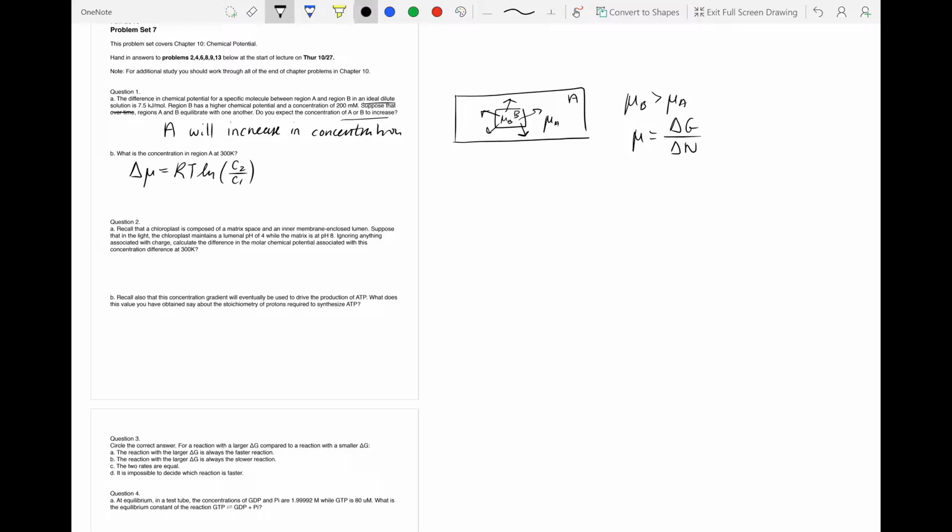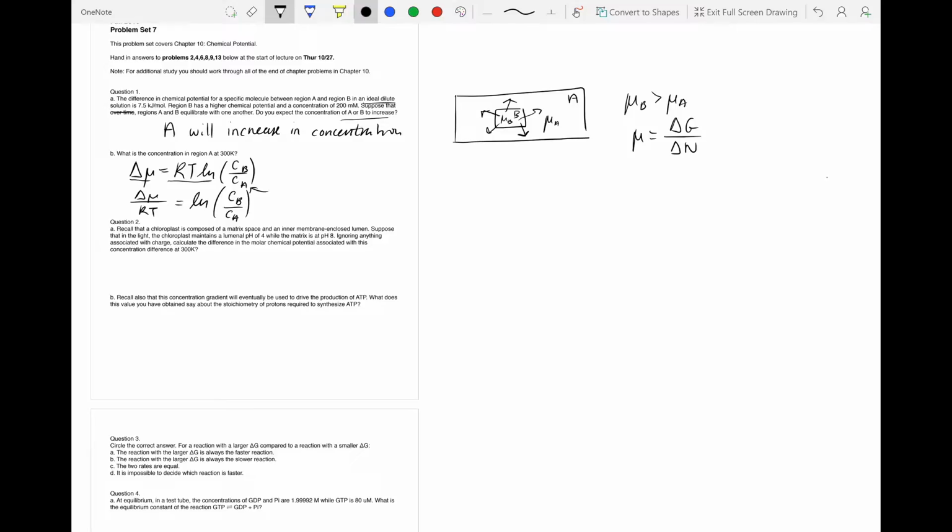Now we are going to want to be solving for A. Maybe it's better to denote it with each region. So we know all these except for C sub A, and we're just going to flip things around. So maybe I won't do everything in one step, but it's going to look something like this.